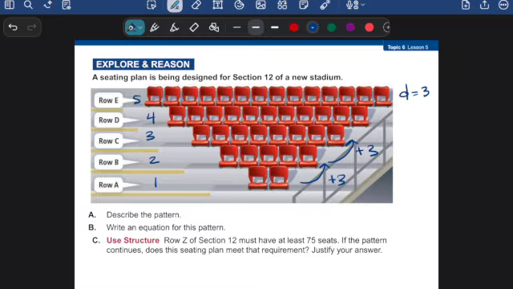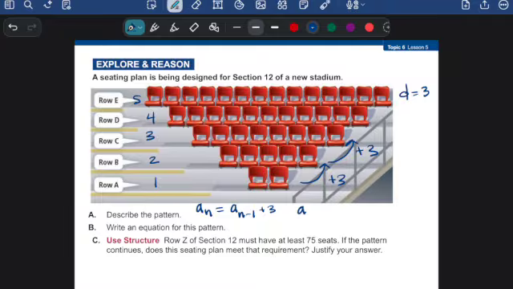So the recursive formula would show us any number in the sequence, and I would have to know the previous term, the one before, the n-1 term, and then I'm going to add the pattern. So that could be our recursive formula, but that's not always helpful when we're trying to figure out how many seats there will be in the 12th row. So let's write it as an explicit formula.